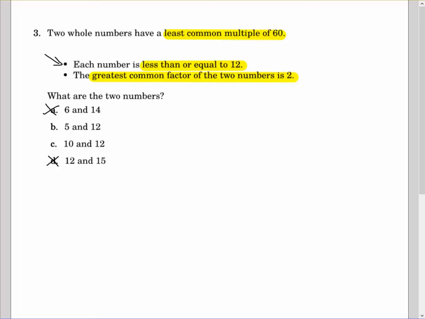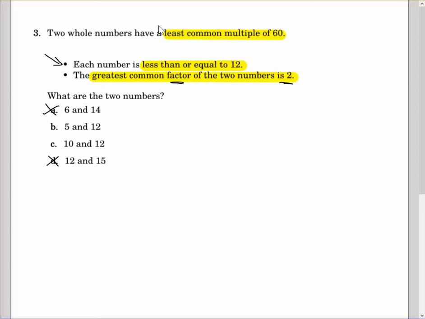Now let's look at the next criteria, which says the greatest common factor of the two numbers is 2. So a factor, if we know anything about factors, right? Factors are what numbers we would multiply to get a product. So even numbers, for example, are all common in that they share a factor of 2.